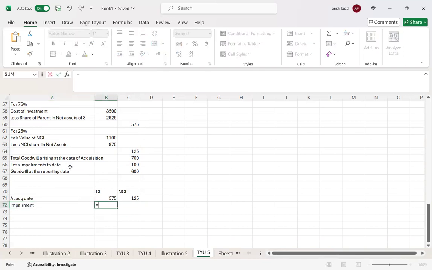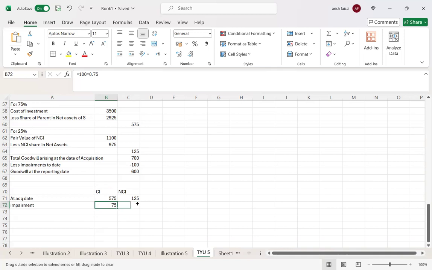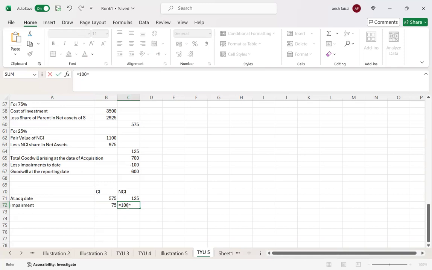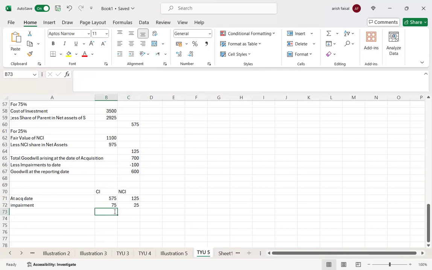So from that 100, 75 percentage belongs to the controlling part, which will be recorded in the group retained earnings, and the rest, 25, will be a deduction in the NCI value. So the value for the controlling part is 500, and the one for the NCI is 100 only after the impairment, right? This 75 will be part of group retained earnings, and this 25 will be part of the reduction in the NCI value.